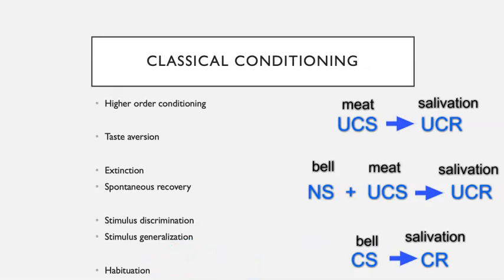Another definition to note, taste aversion. In taste aversion, this is when you develop classical conditioning to a taste. So this is like if you go through chemo, nausea is a common side effect of chemo.